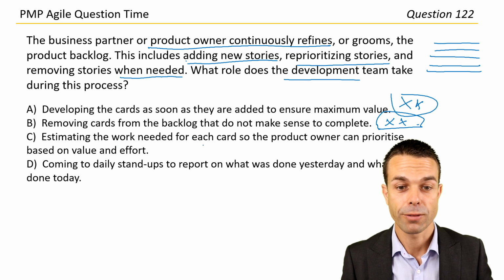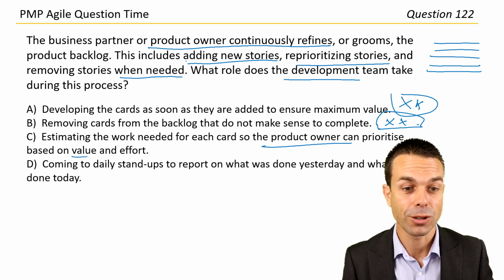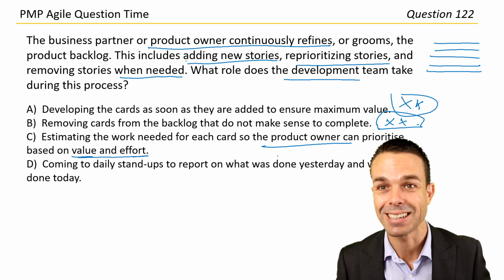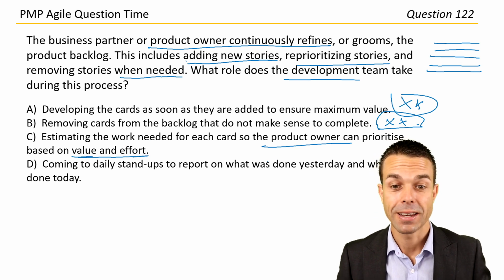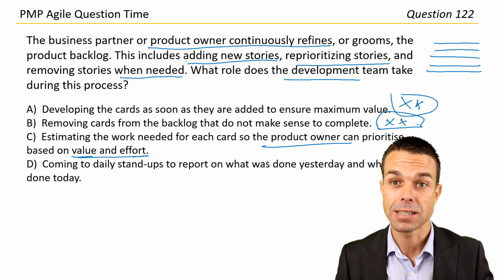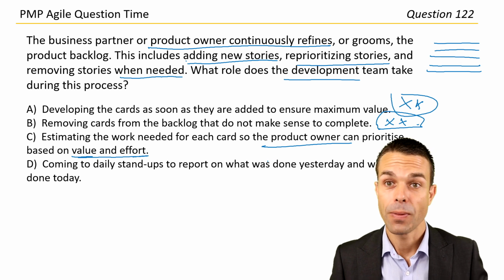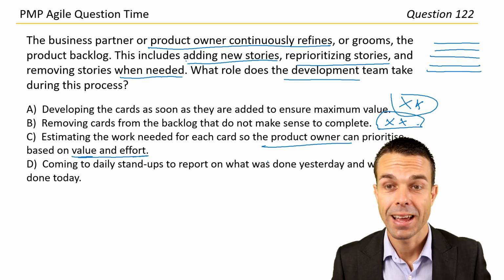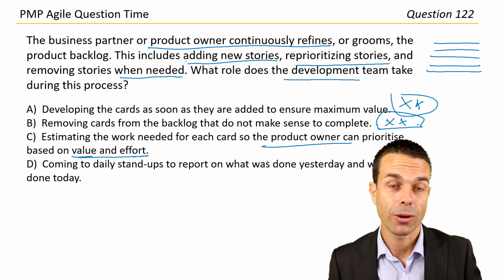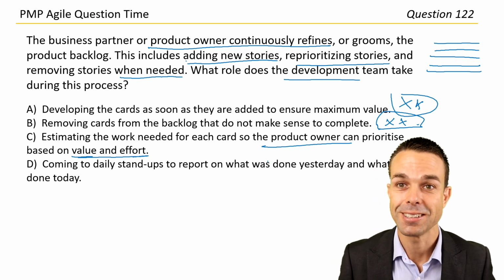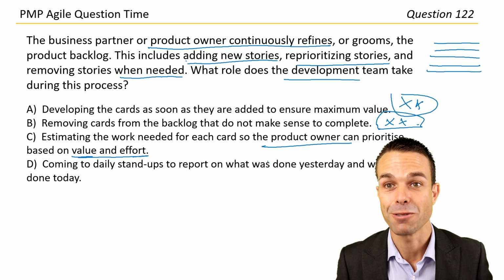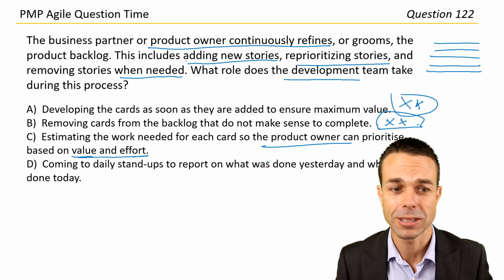Estimating the work needed for each card so the product owner can prioritize based on value and effort. Yes, really, really important. Now the product owner needs that information. How long is it going to take? If it's going to take 20 weeks, then maybe we need to figure out if we can work on something else instead that's going to deliver us the same amount of value. Really, really important.